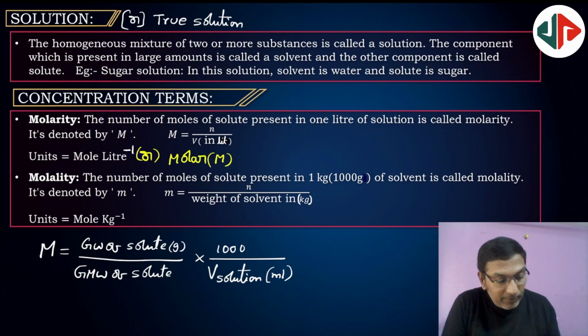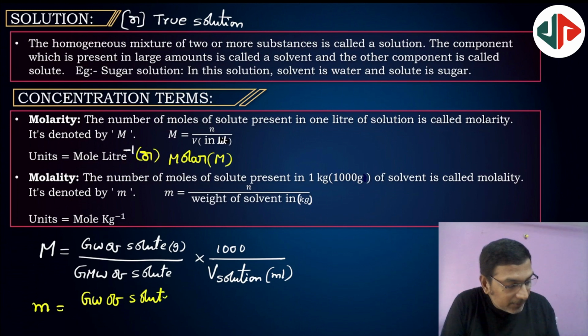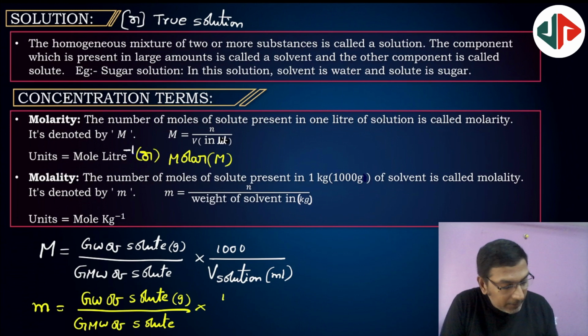So I will write final formula for this. Molality equal to given weight of solute in grams by gram molecular weight of solute. This is common, into 1000 by weight of solvent in grams.